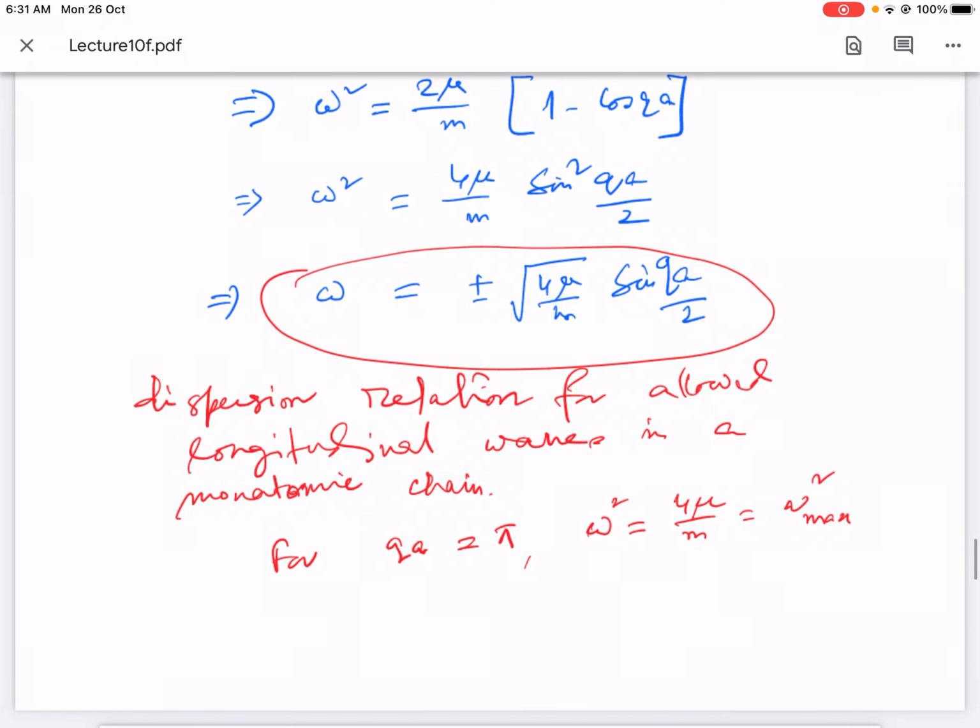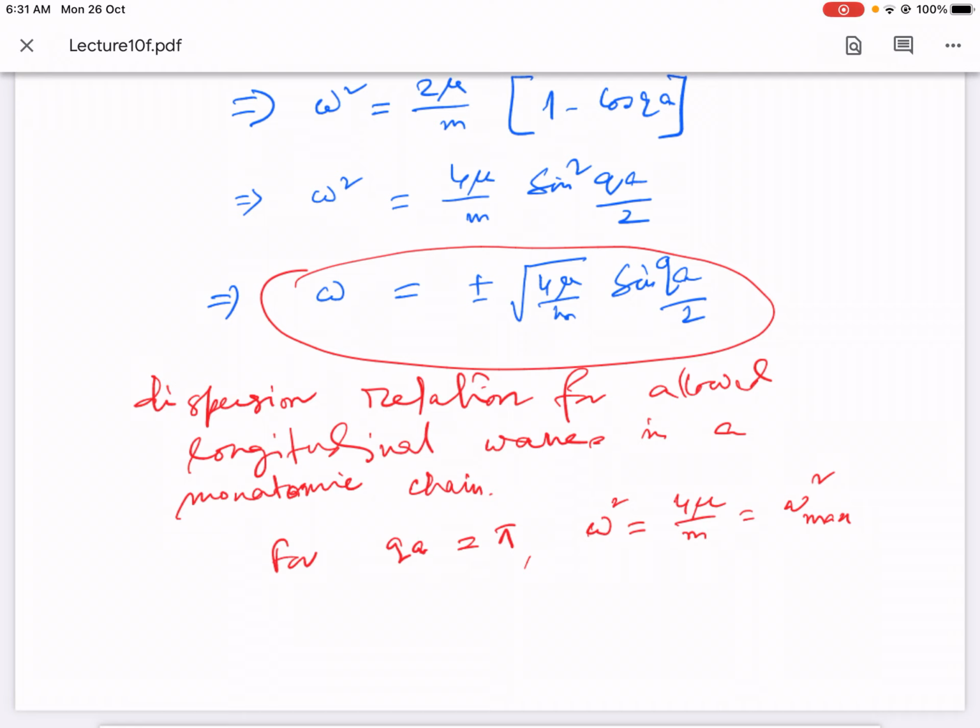So what you immediately see is the relation between omega and q, which is a dispersion relation. For electrons, we wrote the dispersion relation in terms of energy versus k, the wave vector, because there we were interested in the energy bands.